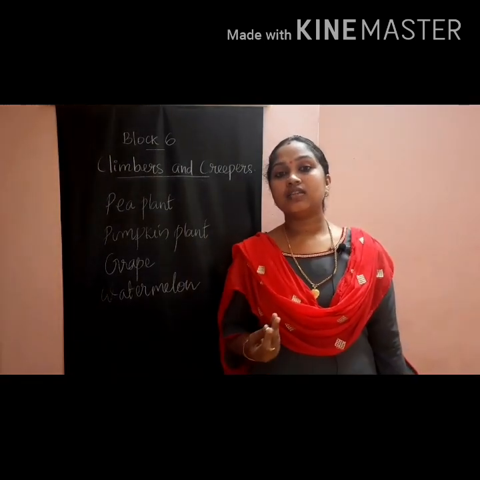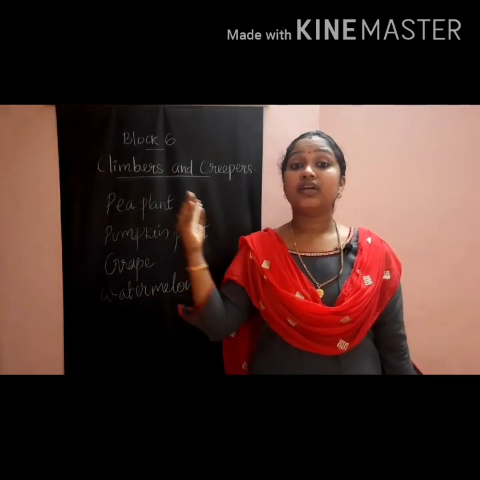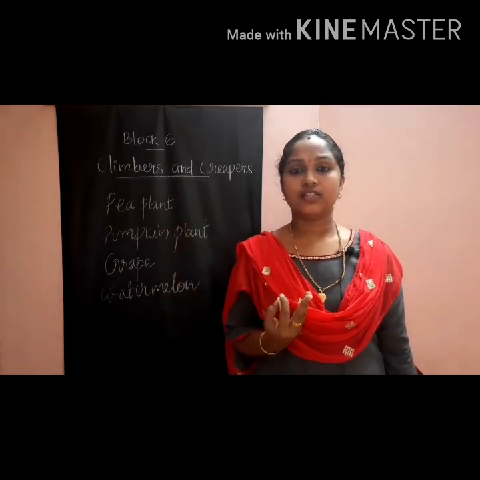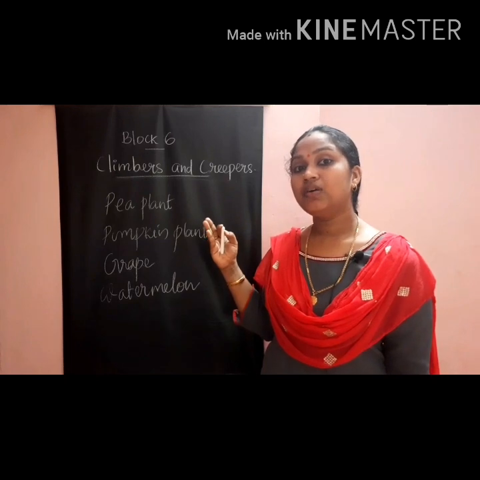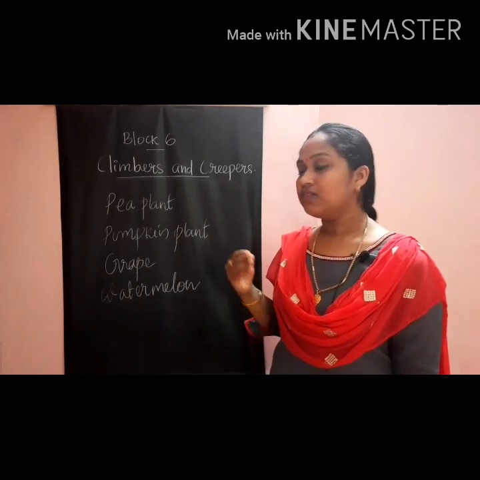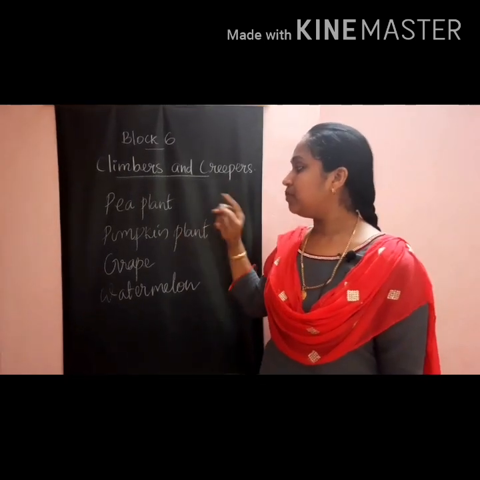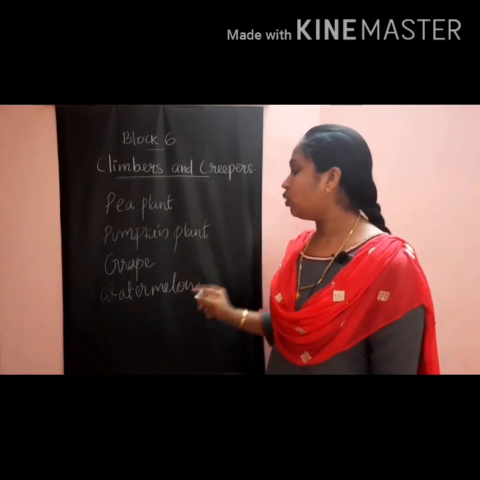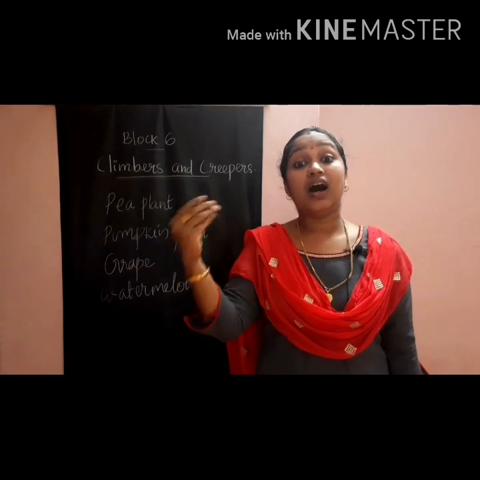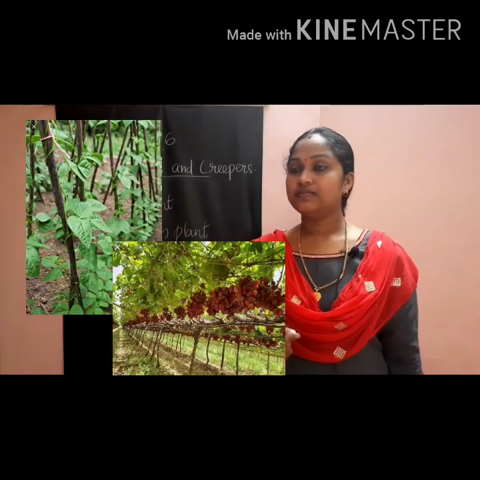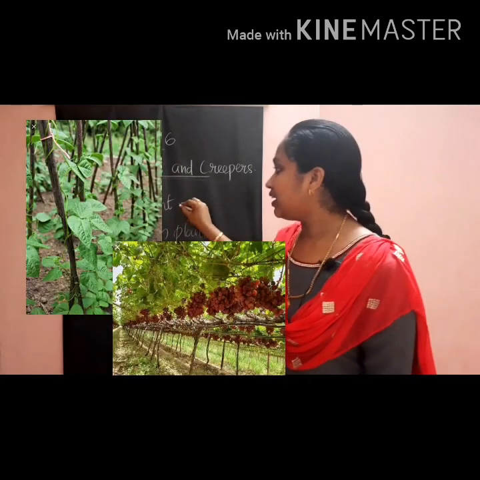Here two plants climb with the help of support. Which are they, children? Pea plant, pumpkin plant, grape, watermelon. Which are the plants climbing up with a support? Very good.